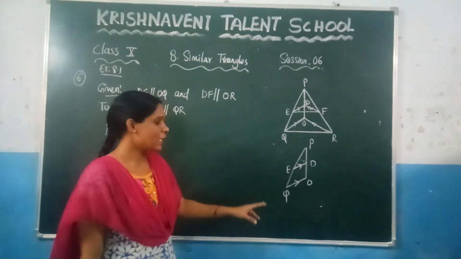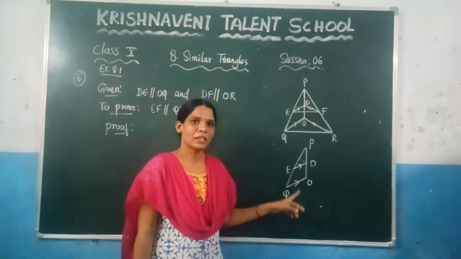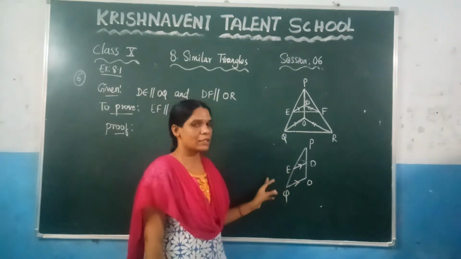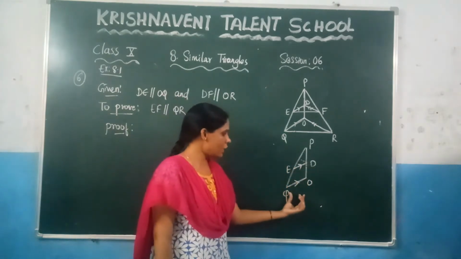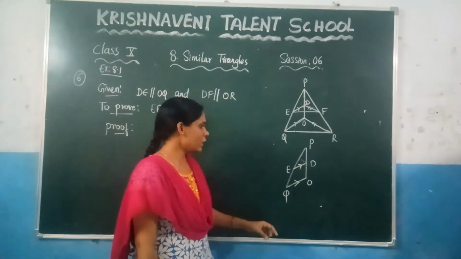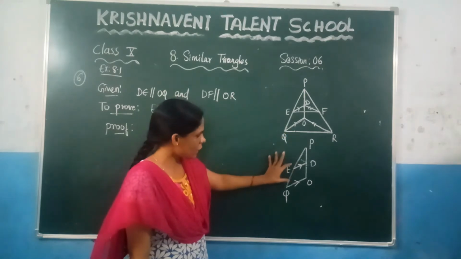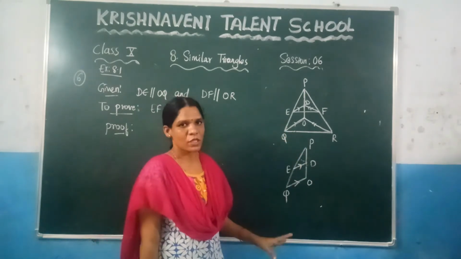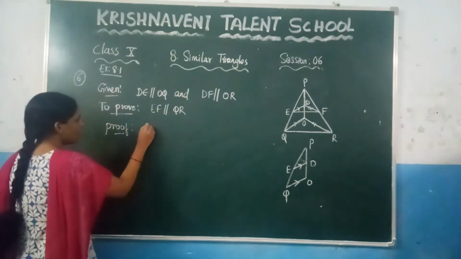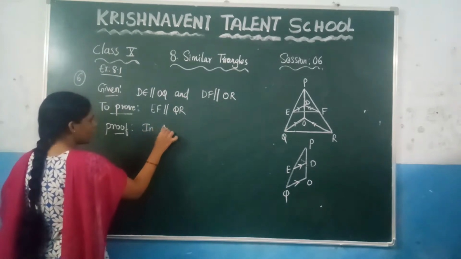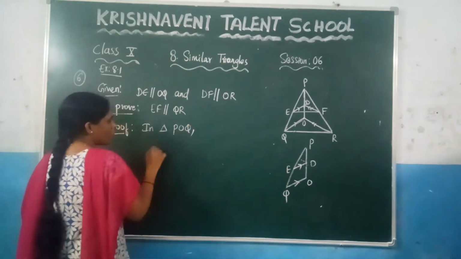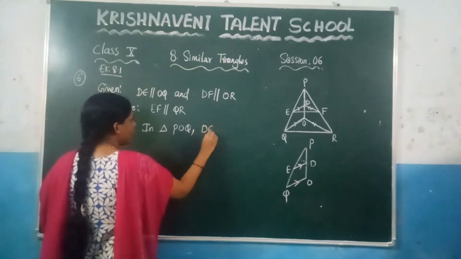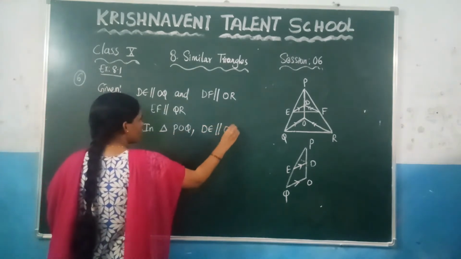Since you know that if one line is parallel to the third side, the other two sides are divided into the same ratio. Since they have given DE is parallel to OQ, you can write by the Thales theorem PE by EQ is equal to PD by OD. So write it here, which triangle are you choosing? In triangle POQ, they have given DE is parallel to OQ, right?